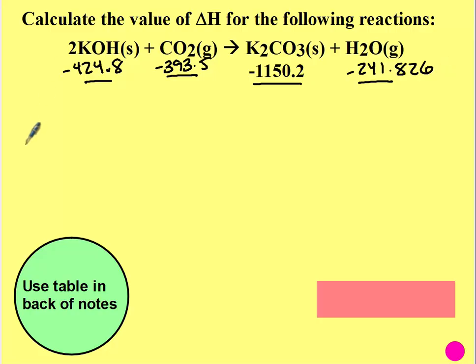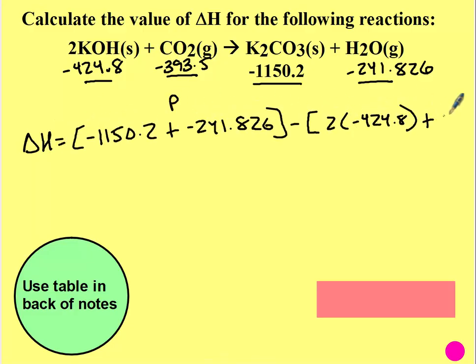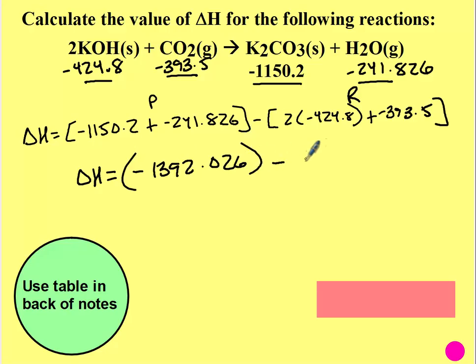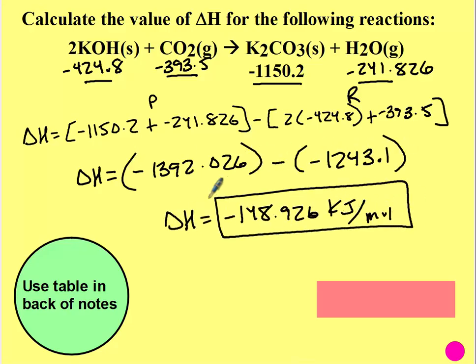Restart when you're done. So you should have gotten a negative 148.926 kilojoules per mole. So again, this one was also exothermic.